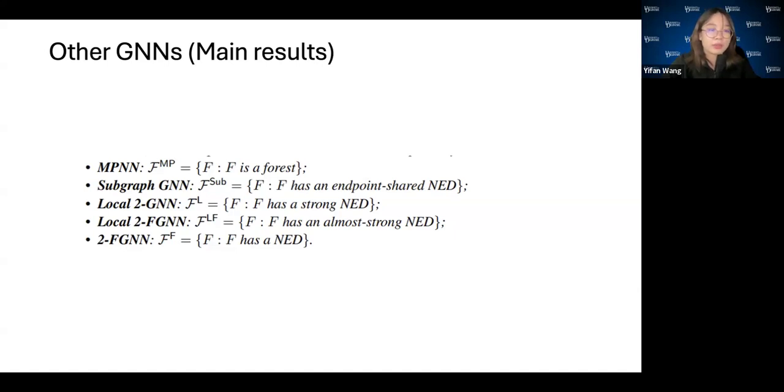And this is the main result of this paper. We can see that the expressive power is quantified by a set, and each element in this set indicates one variation of the nested ear decomposition.